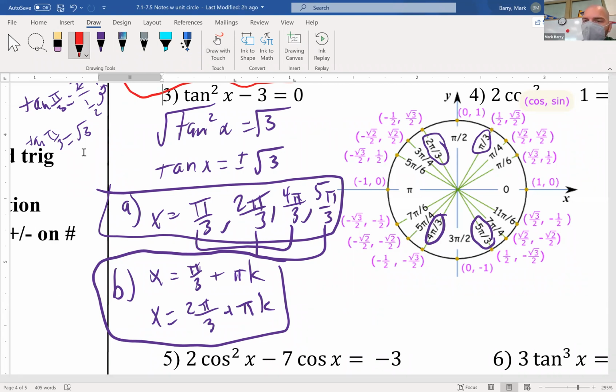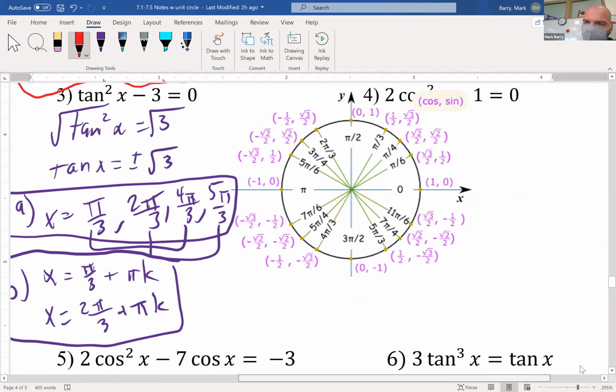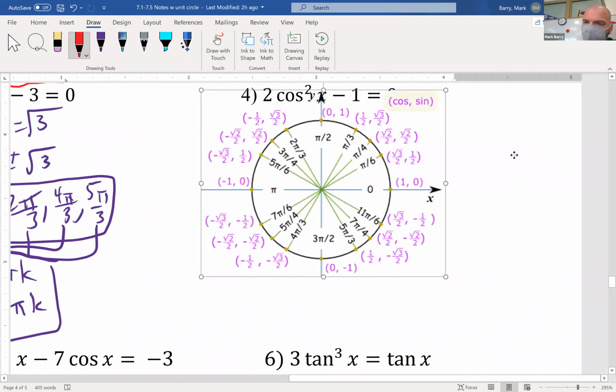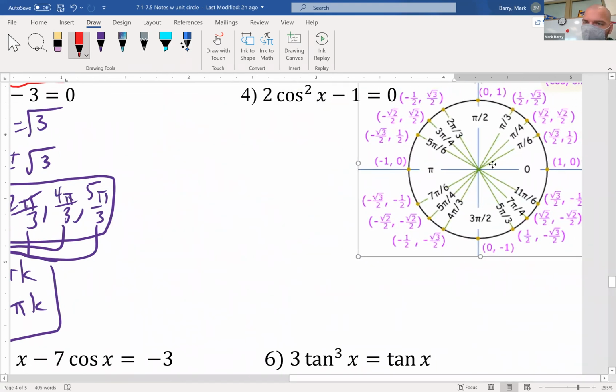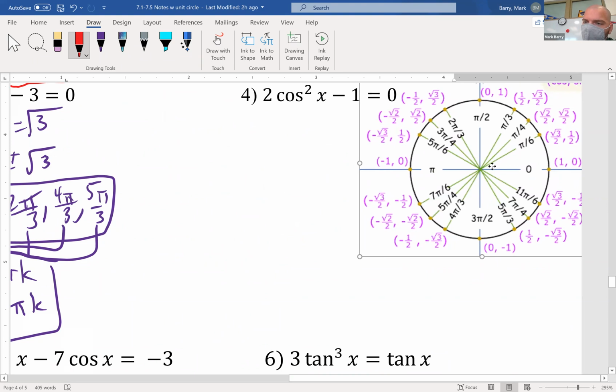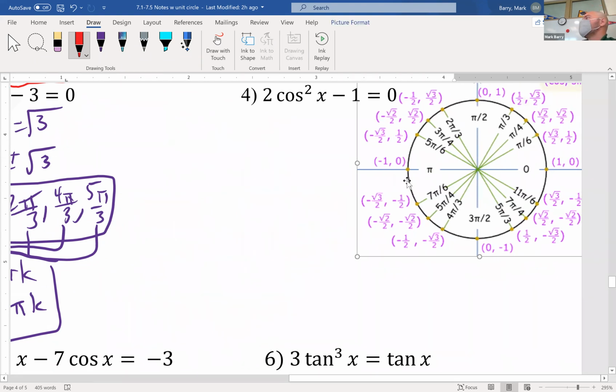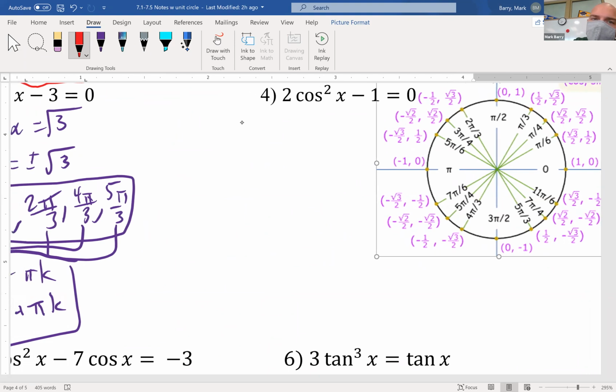All right, let's move on to number 4. Once again, we're going to isolate the squared, then take a square root. So I'll say 2 cosine squared x equals 1.